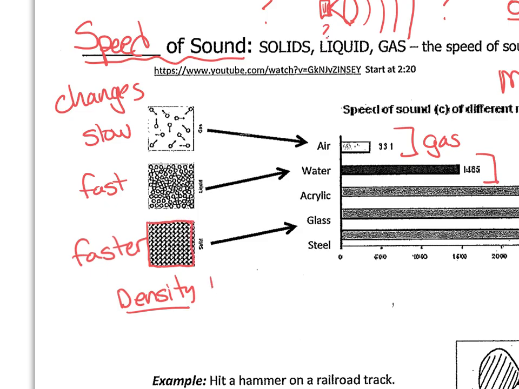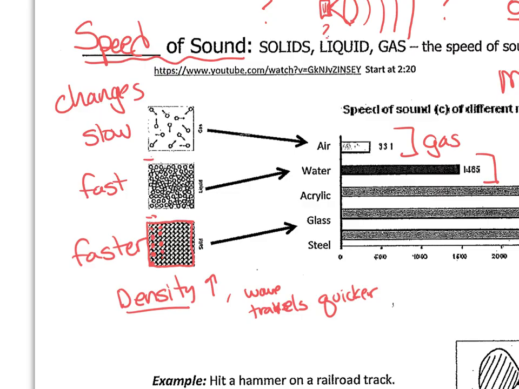So if they have high density, then the wave travels quicker. Why? Because it requires the molecules to bump into each other. So if you start on this side and you push these molecules and they're directly touching these molecules, they will immediately bump into each other and the wave will come out the other side very fast.